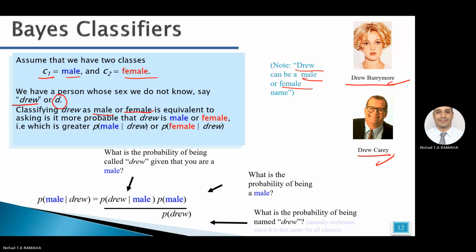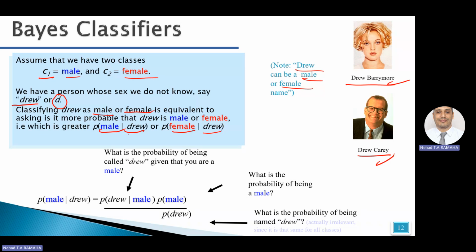To classify, we need to check which one has the most probability: the probability of male given the name Tru, and the probability of female given the name Tru. Then the highest probability will be the classified one.